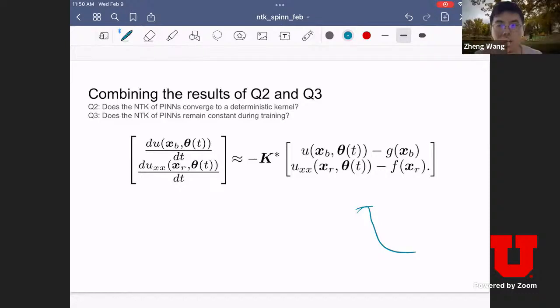Because the total loss should be the L2 loss for the function value and the L2 loss for the residue part. And they are trying to learn the lambda weights for each term. If we update the weight term, the K star here should change. As a result, if we need to update more about the second term, then the adjustment about the weight should increase the eigenvalue of the second term.